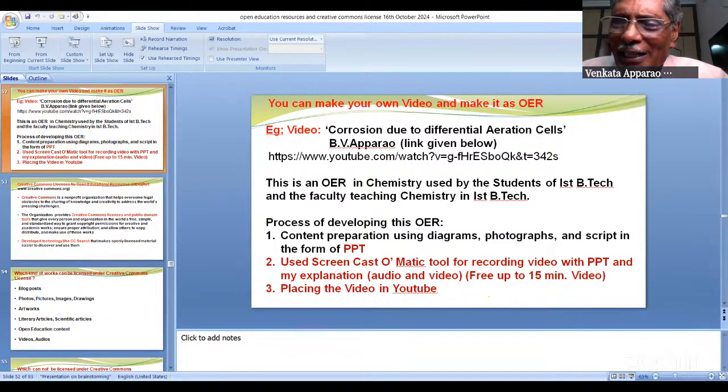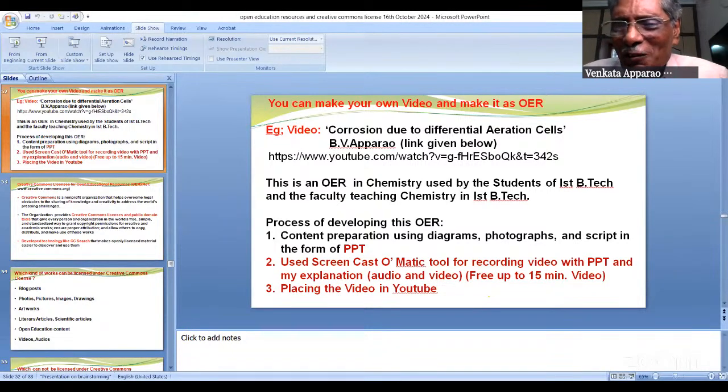You will have the greatest satisfaction when you are the creator of OER. That will be beneficial to several other faculty or students. Even in the course which you are teaching, make 15-minute videos, let them be there in the form of videos. That will be greatly beneficial to your students.